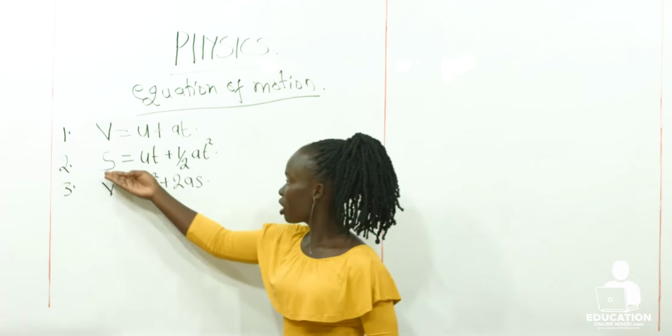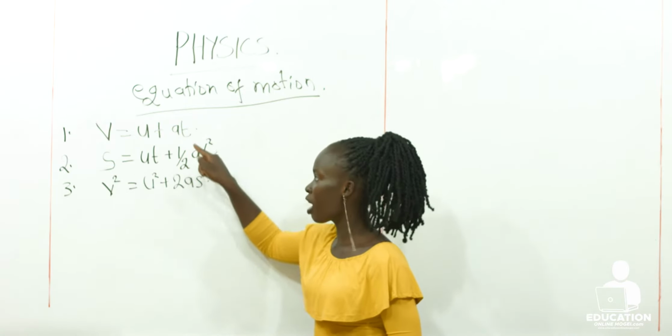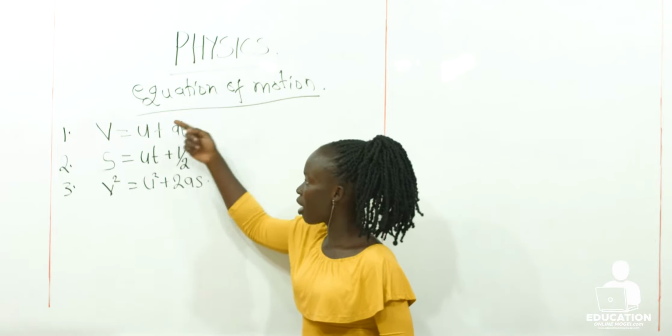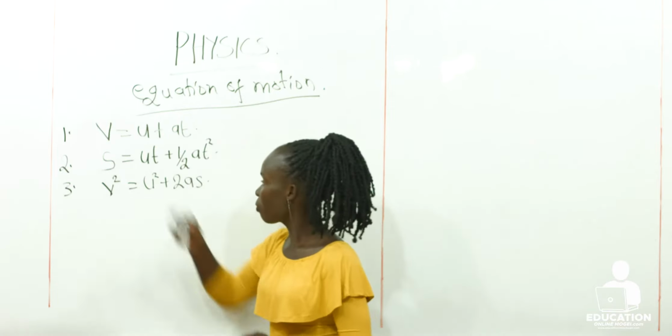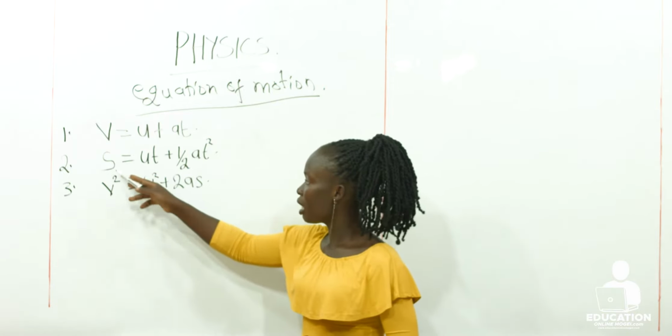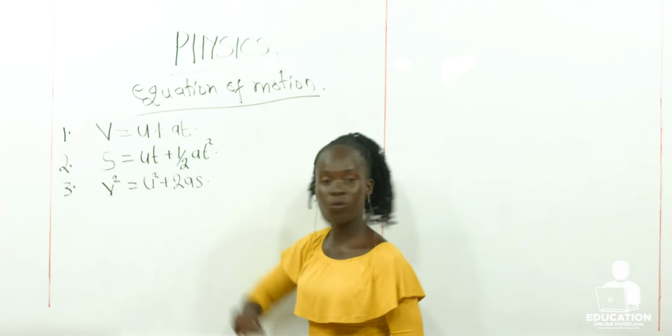So it is not in this one. This is what makes the first one different from the second one: the first one has final velocity, which is the v, but the second one doesn't have the final velocity, but it has the distance moved, which is not the case with the first.